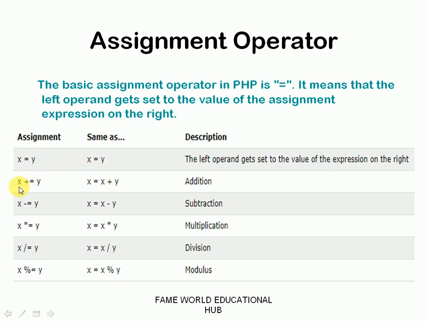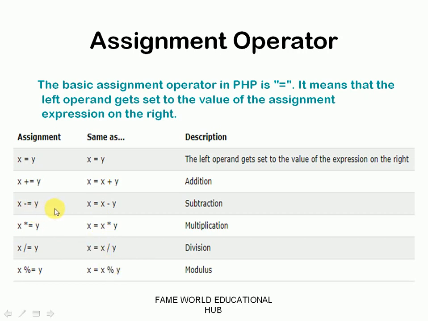Then coming to the next, x += y, that is x = x + y, and this performs addition. x -= y. This particular column represents the shorthand operators, and this particular column represents the normal operators.